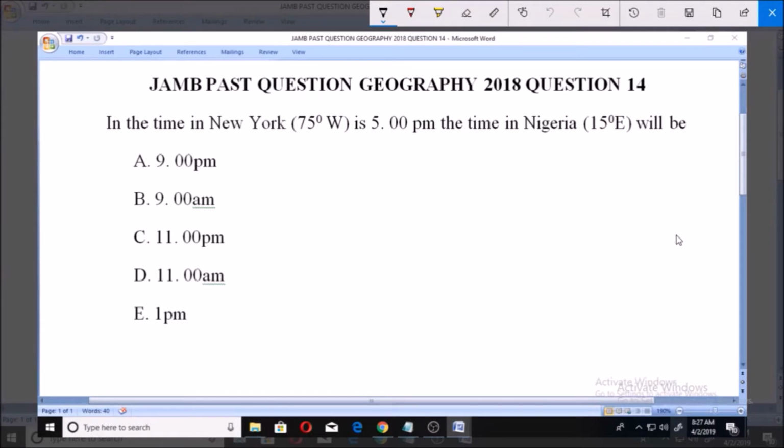Now, for us to be able to put this in perspective, we need to know about longitudes and latitudes and the location of areas on the globe.